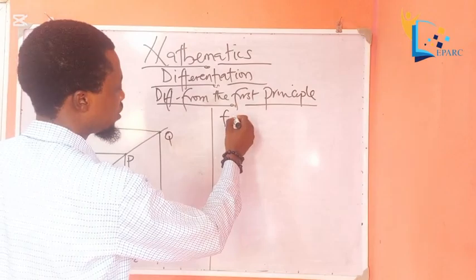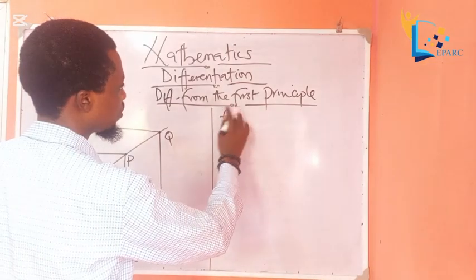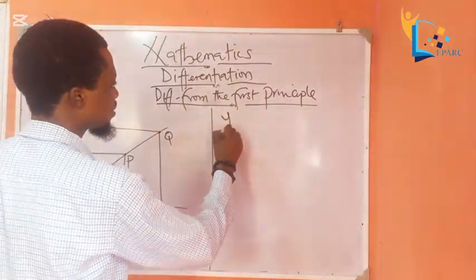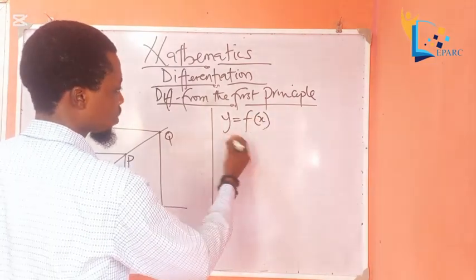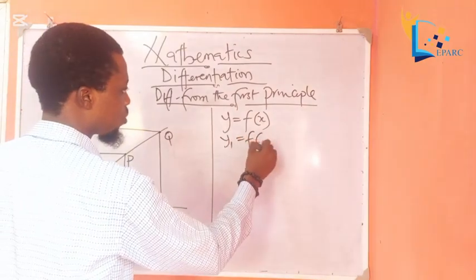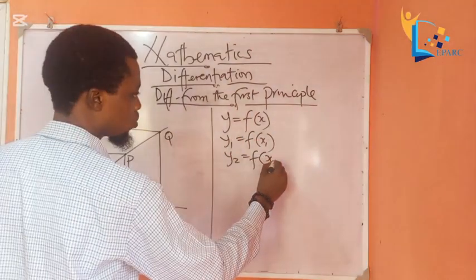Now, let's say Y is a function of X. We have Y1 as a function of X1, and Y2 as a function of X2.